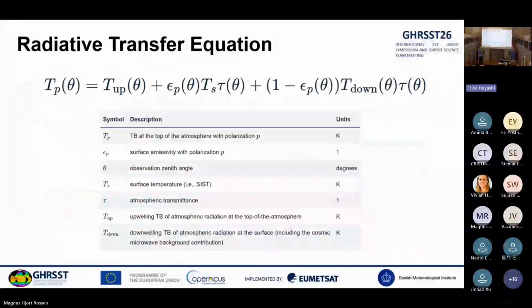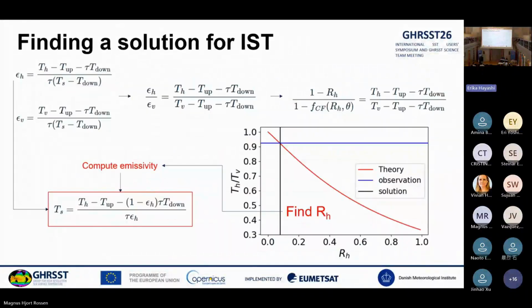If we rearrange this equation, we can write the emissivity in these two equations. If we take the ratio of those two equations, we can remove the denominators, and what we only need to know is the RH.